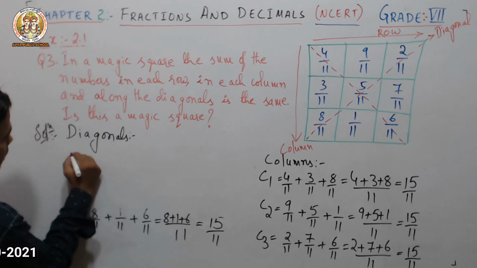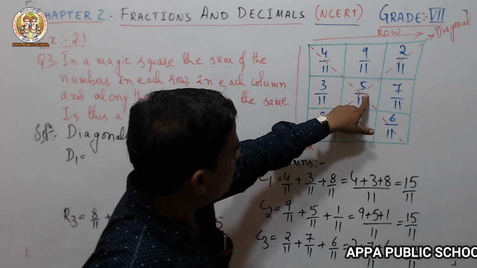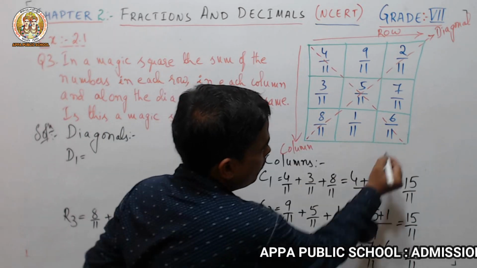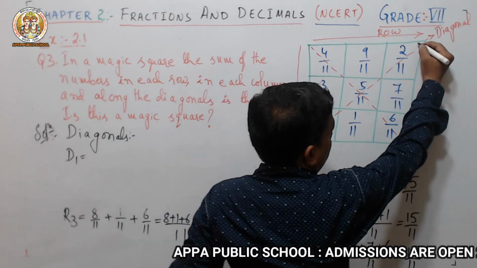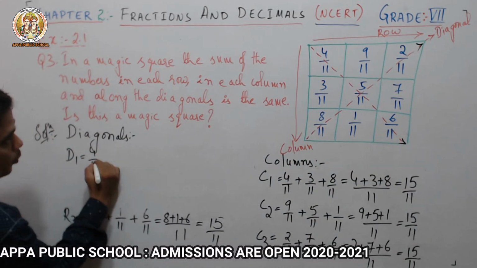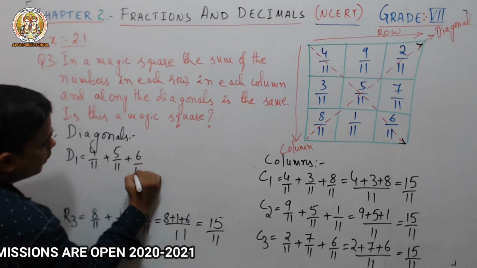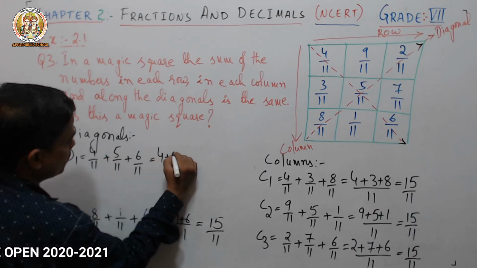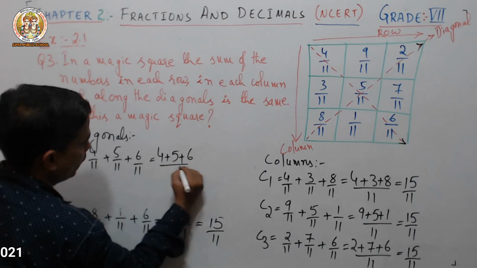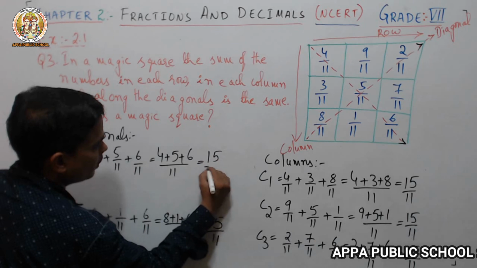So what are the diagonals? I will take D1 as 4 by 11, 5 by 11, 6 by 11, which are marked with the red line. So I will write 4 by 11 plus 5 by 11 plus 6 by 11. That is 4 plus 5 plus 6 whole divided by 11. 4 plus 5 is 9, 9 plus 6 is 15 by 11.